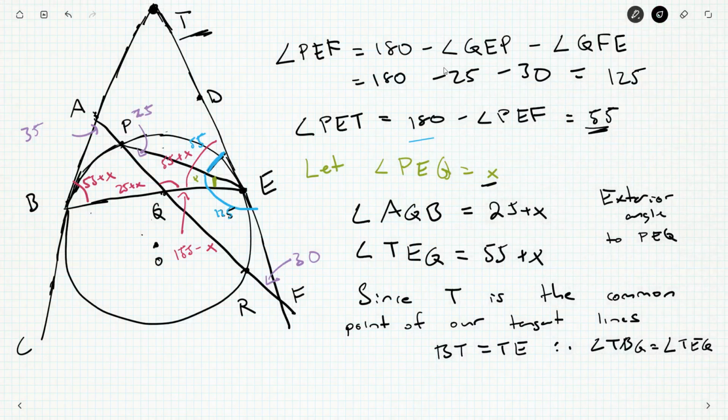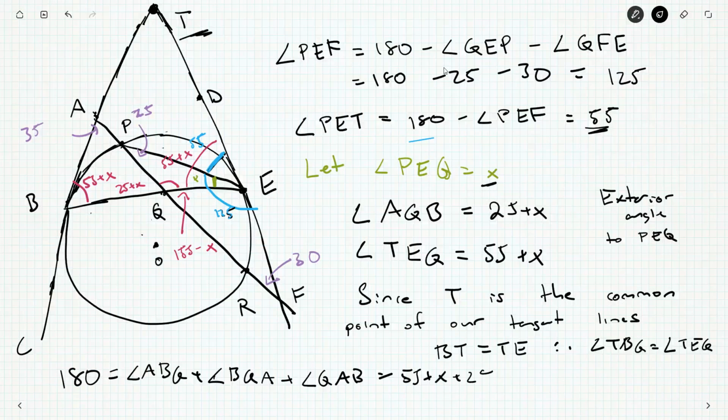Sorry, not 100, 180. 180 is ABQ plus BQA plus QAB, which is 55 plus X plus 25 plus X plus the 35 that they've got there. So that's 80 plus 35, so that's 115, so 115 plus 2X.